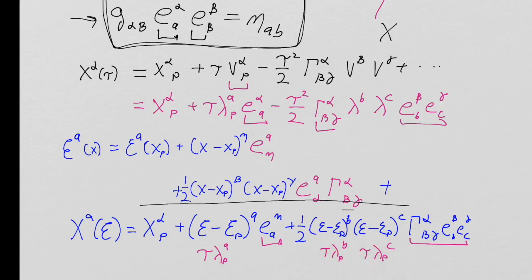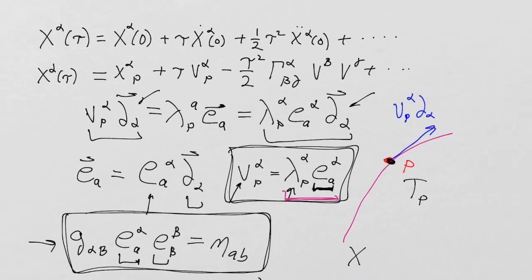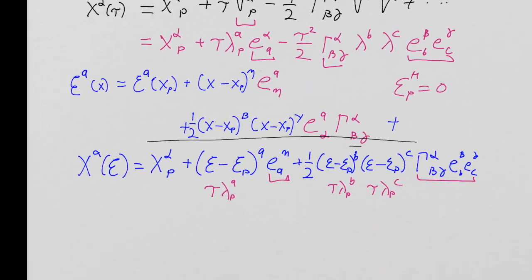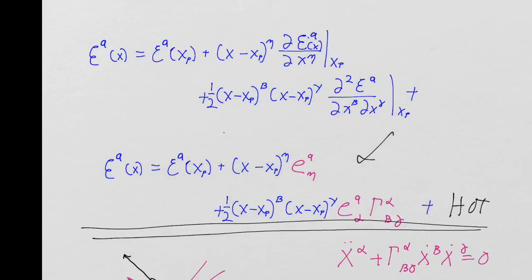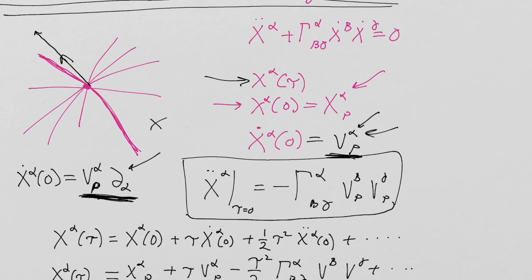So now if we use our initial condition that EP equals 0, EP mu equals 0, that is the origin of the inertial coordinate system at the point P is just established to be 0, which was an initial condition that we were operating under. Oh, I think that's the previous slide. Hold on. That was it, this slide? Yeah, this slide here, right? This initial condition right here was that x of 0 is xp.